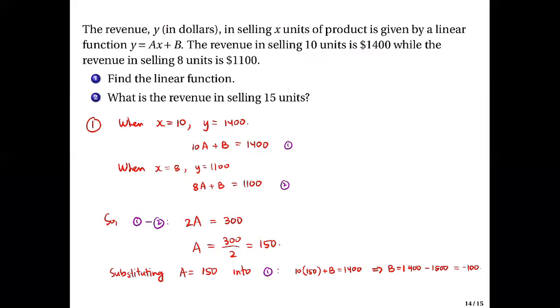So we have a value for A, we have a value for B. We can find the linear function.